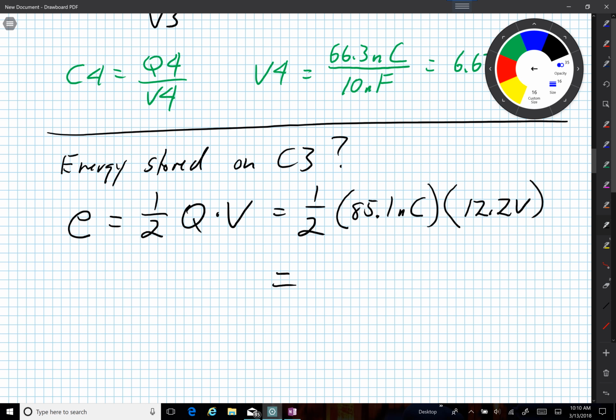And so I'm going to get 519 nanojoules. Okay, 519 nanojoules. That's the energy stored on the capacitor. Right. So this is the analysis of capacitor circuits.